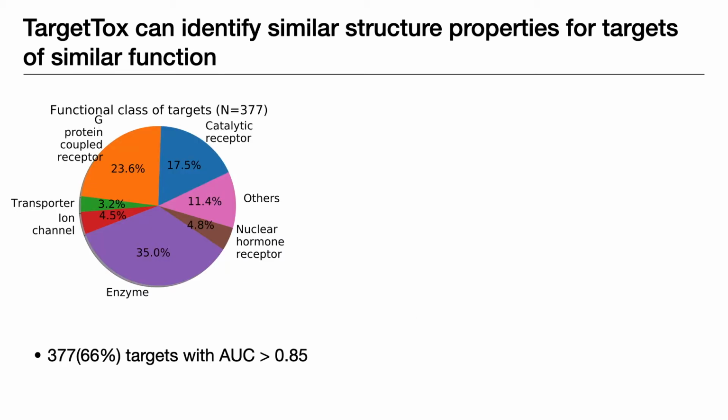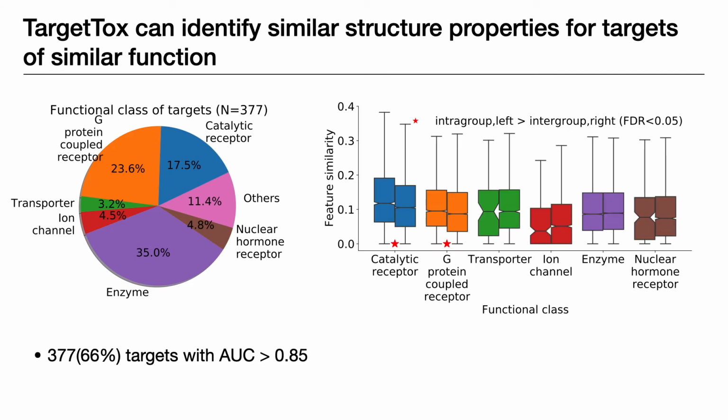Of all the 569 target proteins we studied, around 2/3 of them have an AURC greater than 0.85. And these target proteins cover a variety of functional classes. We also found that if two targets are both catalytic receptors or GPCRs, they are more likely to have similar sets of predictive descriptors identified by TargetTox.